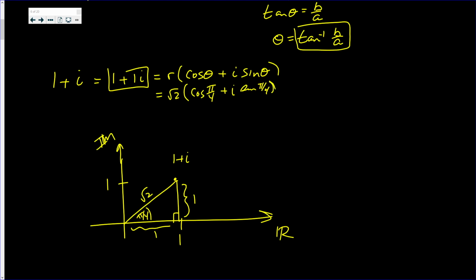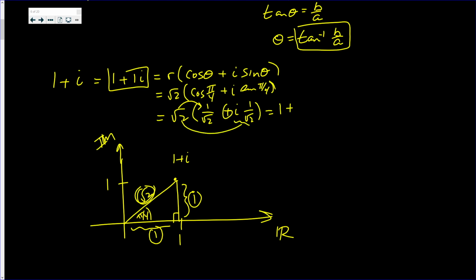Now, let's just make sure this really equals what we claim it equals. Square root of 2 times the cosine of pi over 4, which is adjacent over hypotenuse, 1 over square root of 2, plus i times the sine of pi over 4, which is also 1 over square root of 2. The square root of 2 times 1 over square root of 2 is 1, plus the square root of 2 times i times 1 over square root of 2 is just i.